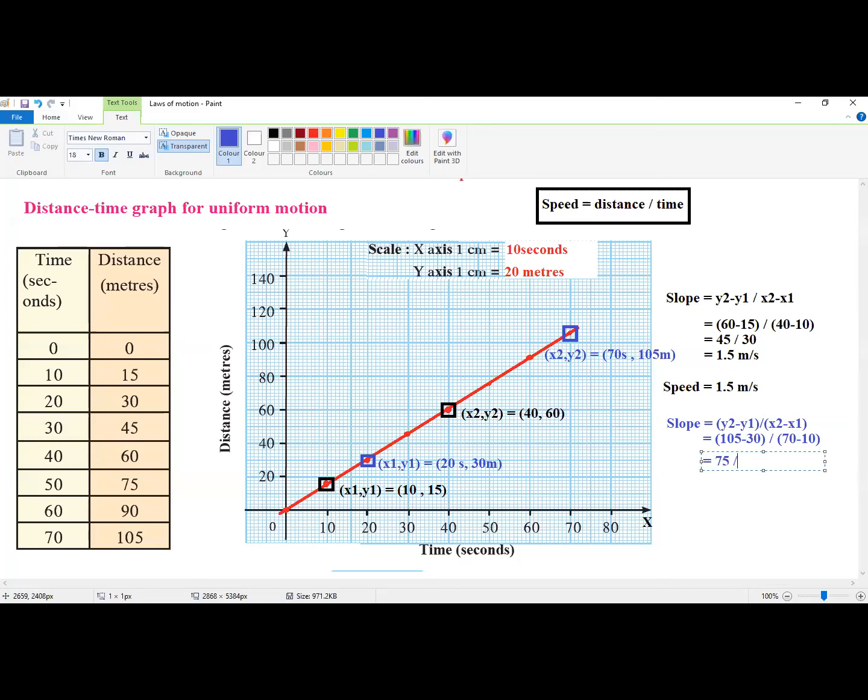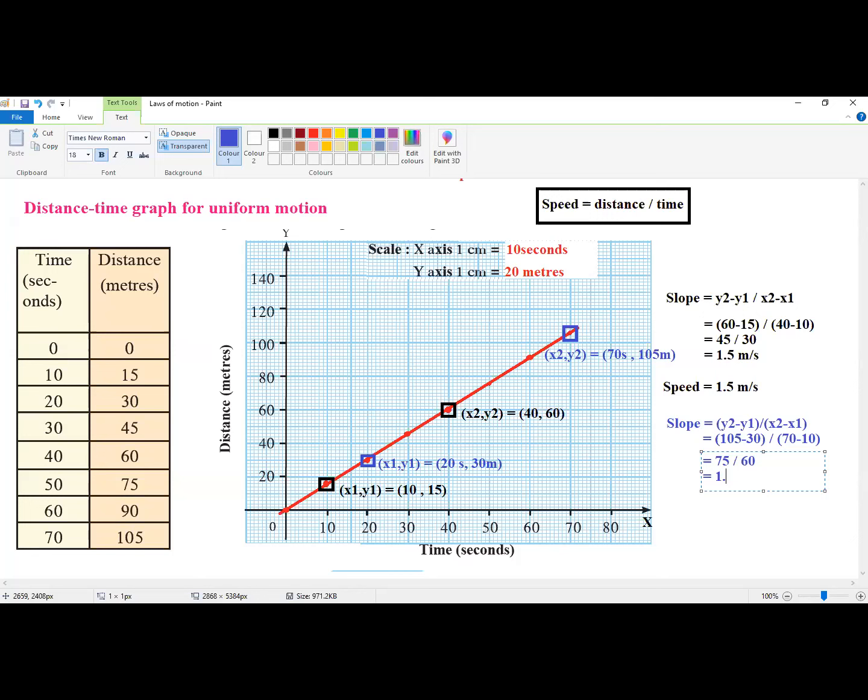So 75 divided by 60. How much is 75 over 60? Again 1 point something. 1.25.